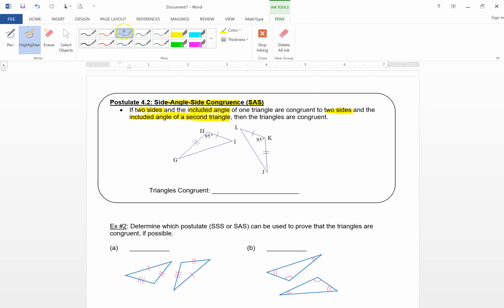So basically, here if I have one side, and here I have a second side that's congruent, the included angle is the angle in between the 2 sides. So included angle is the angle made by the 2 sides, so where the sides meet.